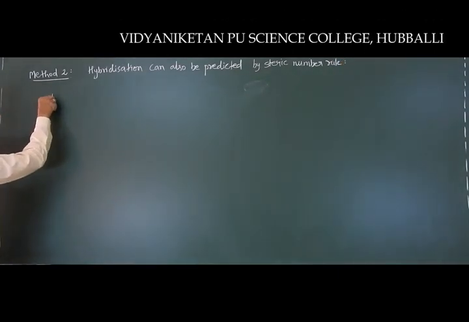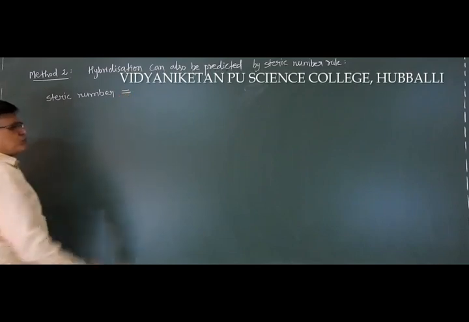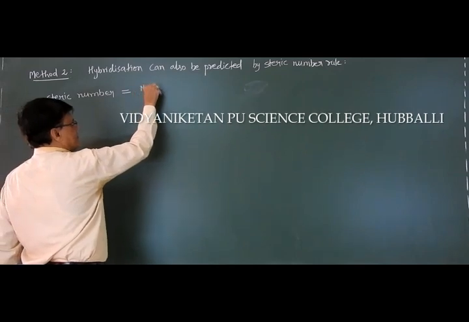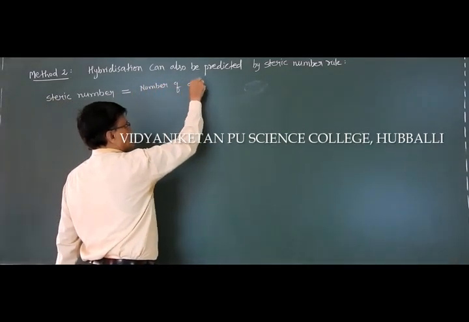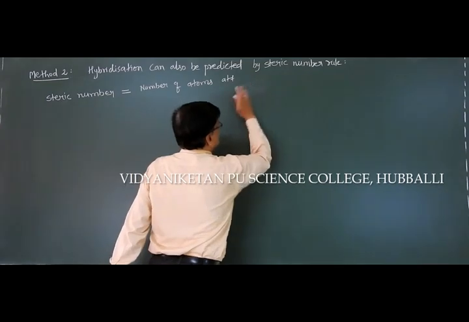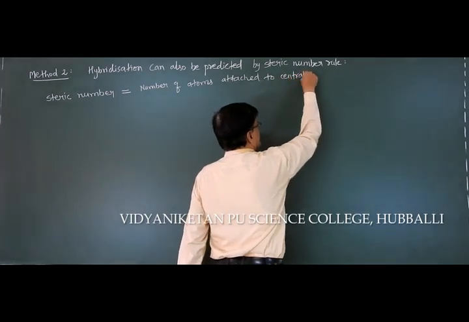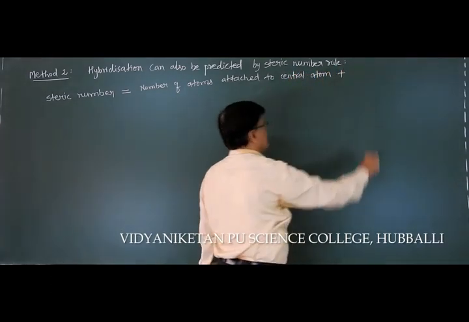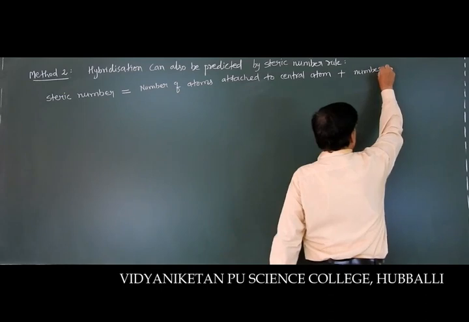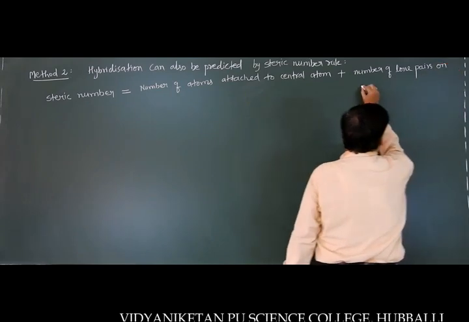Steric number equals the number of atoms attached to the central atom plus the number of lone pairs on the central atom.